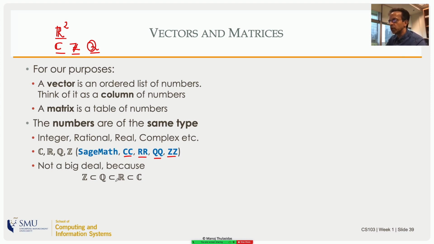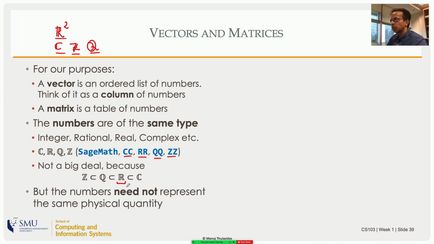It's just that we will mostly, 99% of the time, be dealing with real numbers. In a matrix or in a vector, the numbers have to be of the same type, meaning if you have a real number and an integer somewhere, the integer will be promoted internally in Sage Math as a real number. And if you have a complex number anywhere, all elements are considered complex.